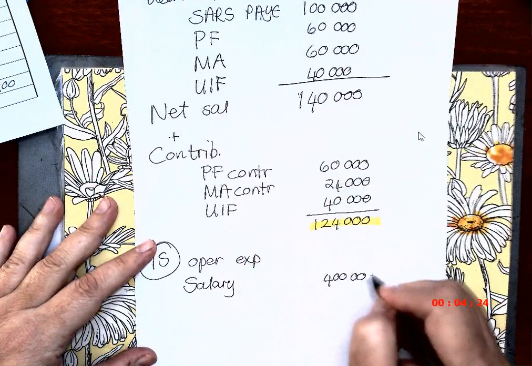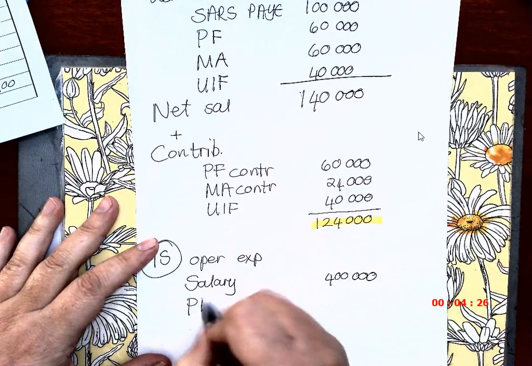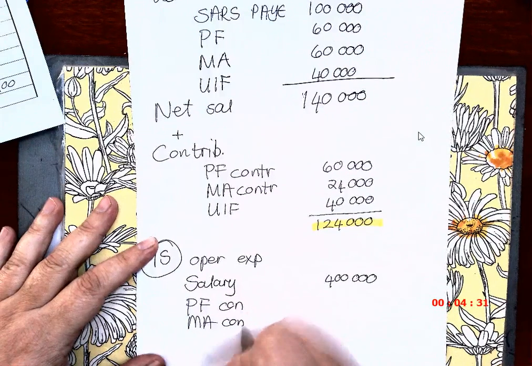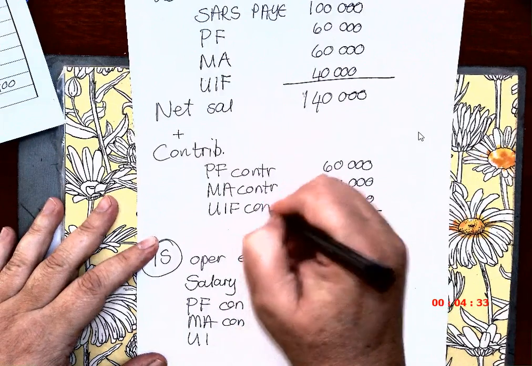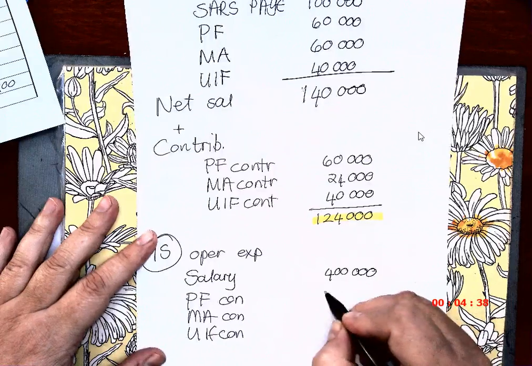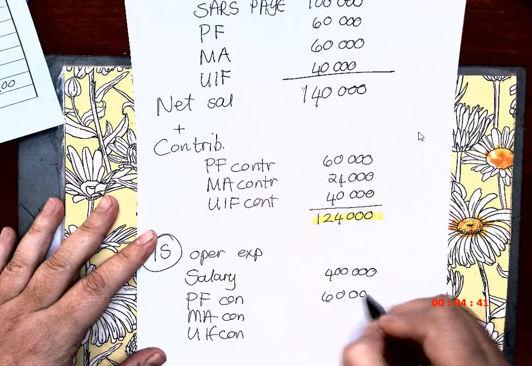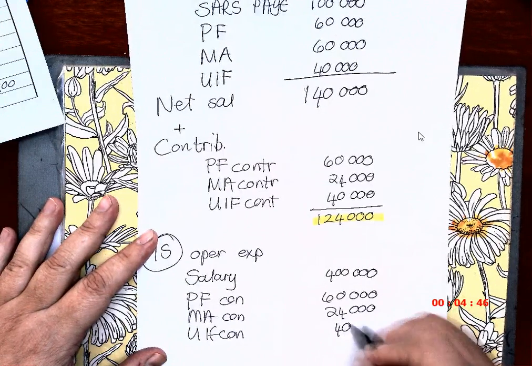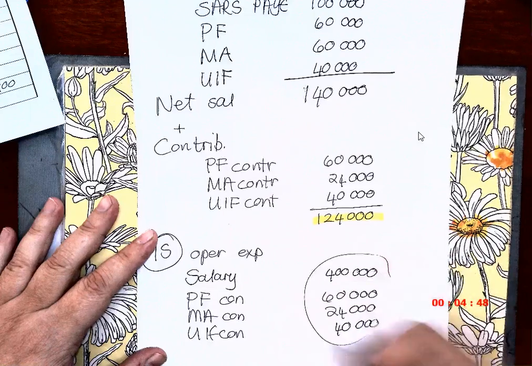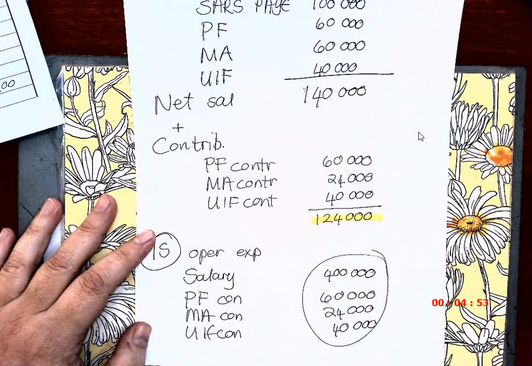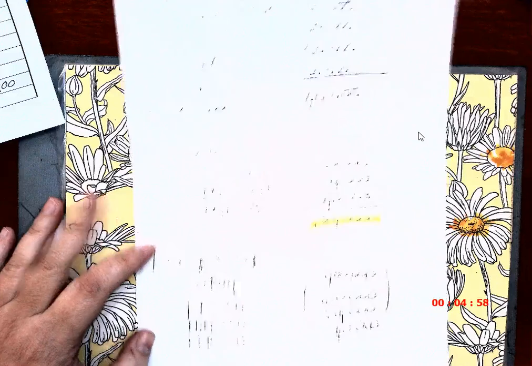And my contributions, pension fund contribution, medical aid contribution, UIF contribution, all of that goes into my income statement. You guys with me? Because in the end, this is what it costs the business. This comes from the business profit. Is everybody sharp?